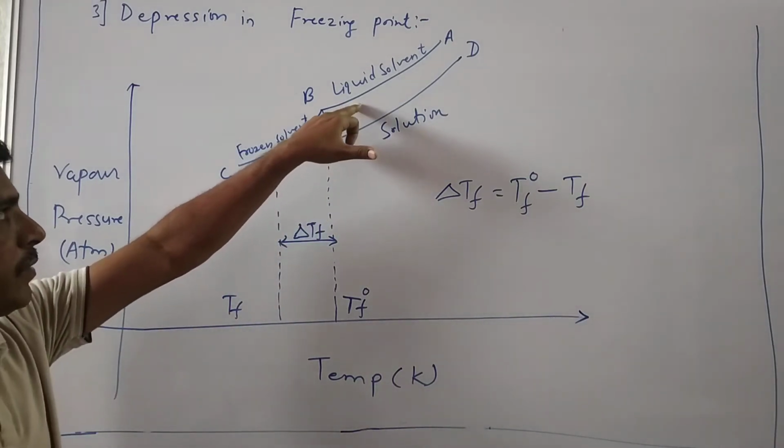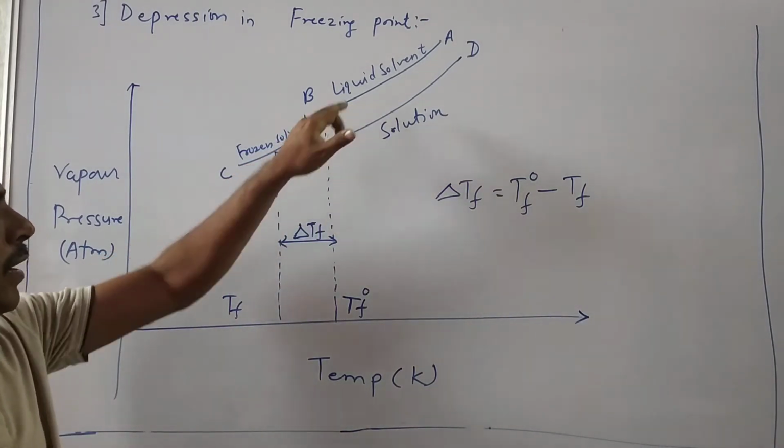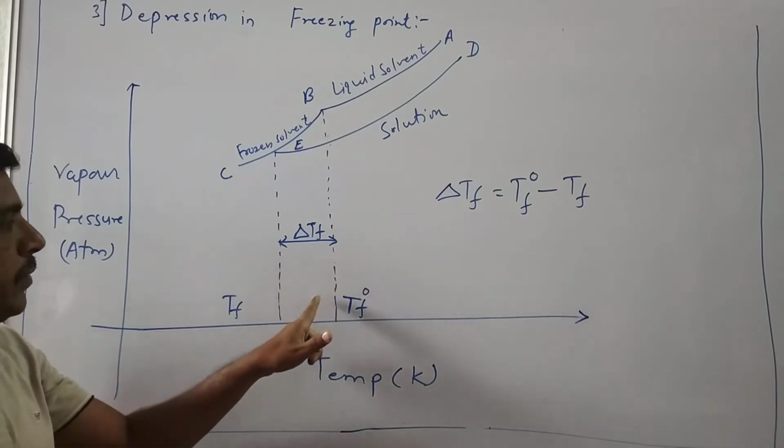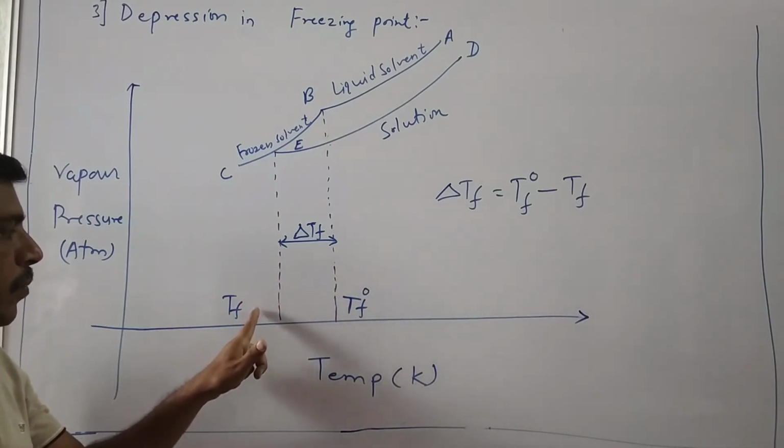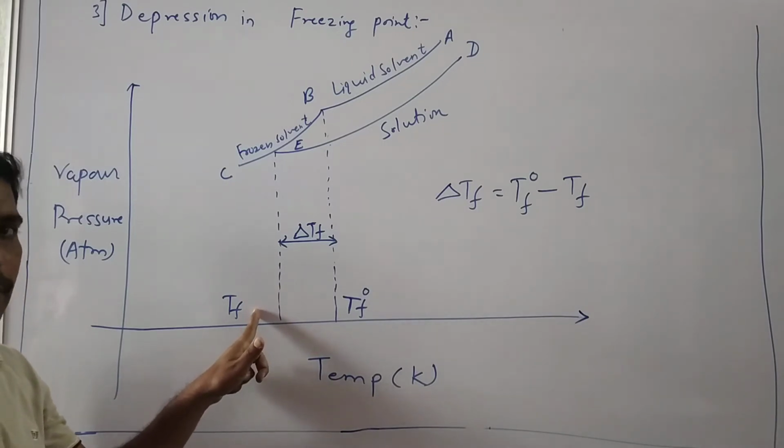From the graph it is clearly indicated that the freezing point of pure solvent is more than the freezing point of solution.